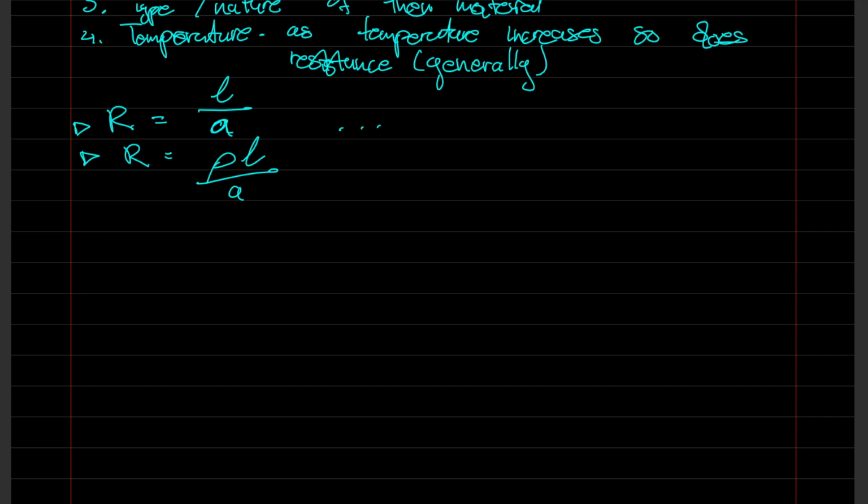This rho is what governs the nature of the material. Now this will be different for copper, for wrought iron, for lead, for gold, or maybe carbon.